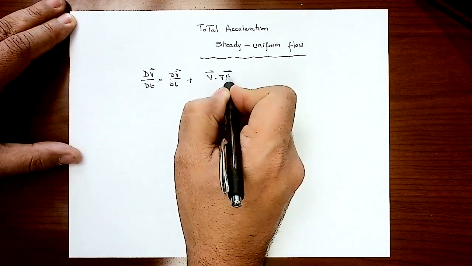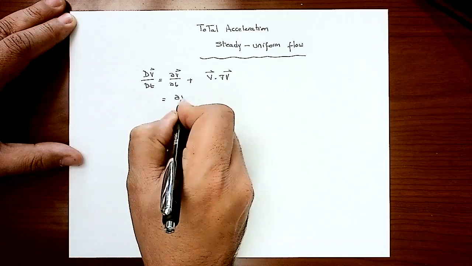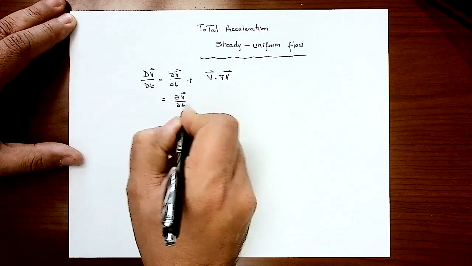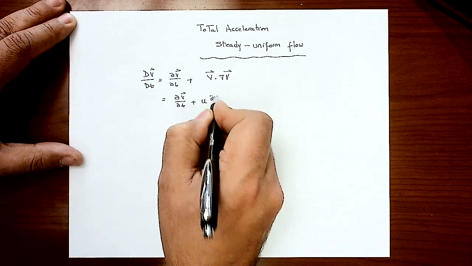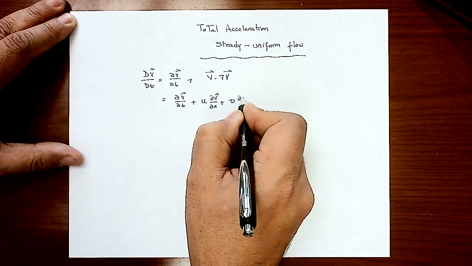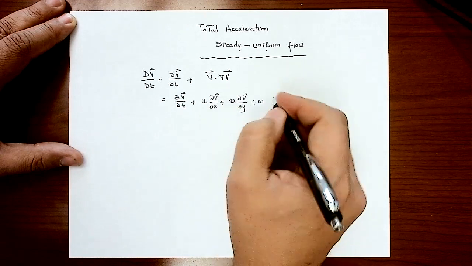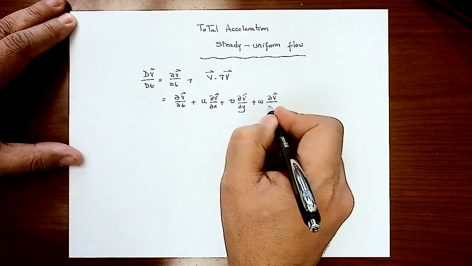That's what we got. And if we break it down, it should give me partial v by partial t plus u partial v by partial x plus v partial v by partial y plus w partial v by partial z.